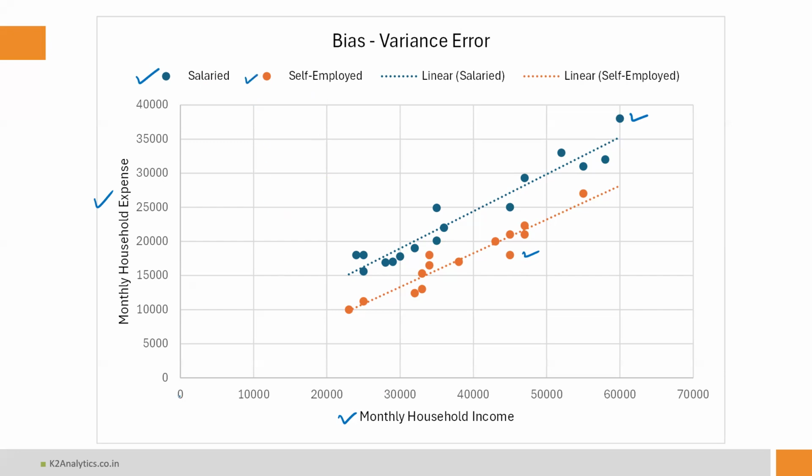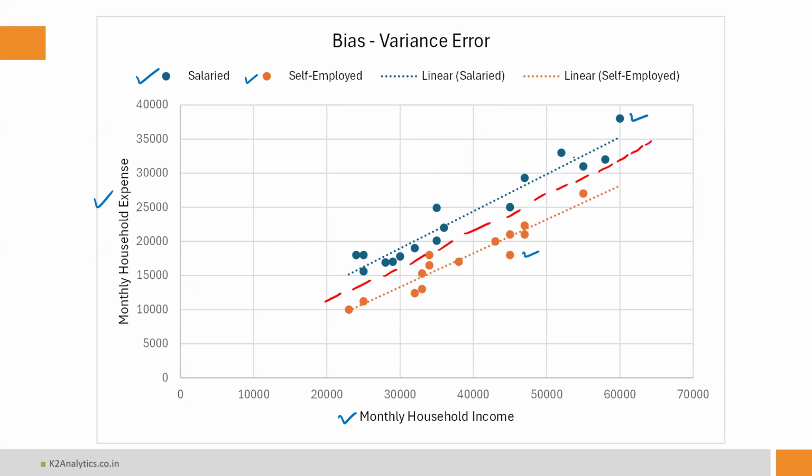Now if you build a linear regression where you try to predict expense as a function of income without taking into consideration the occupation, whether the person is salaried or self-employed, the line of best fit, the model, will try to fit a regression which is something like this.